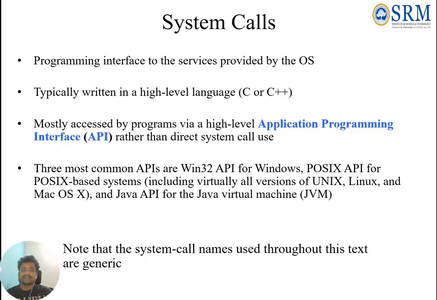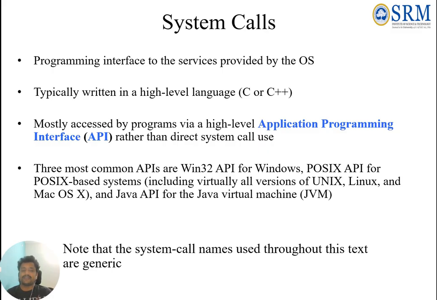System call is the programming interface to the services provided by the particular OS. We need a system call. It is accessed from a high level language like C or C++. Mostly we use high level application programming interfaces rather than directly using a system call.